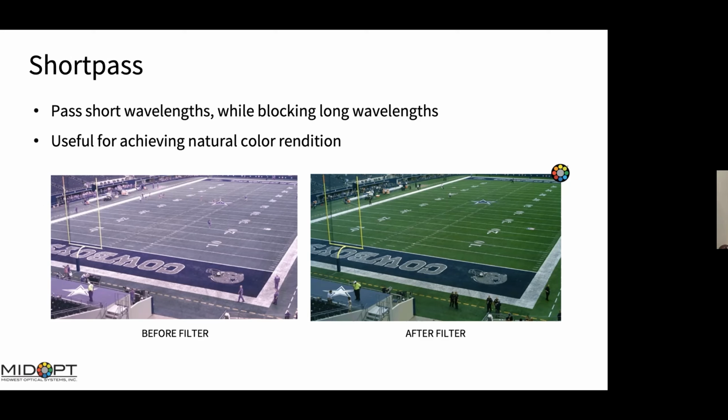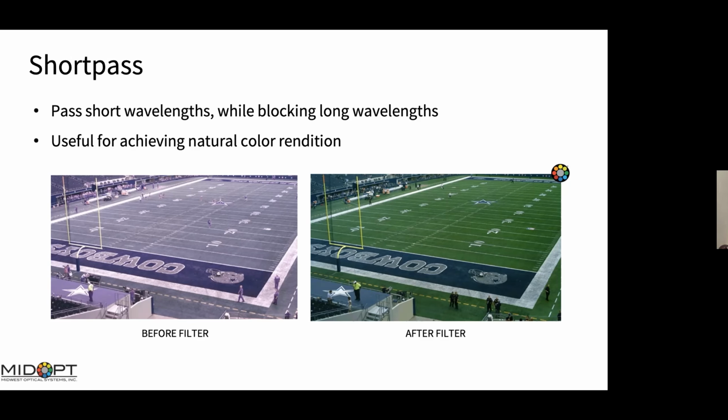What was happening was the camera was picking up on the infrared from the sunlight and from the stadium lights, causing this unnatural color rendition. While using a short pass filter, again, passing the visible wavelengths that our human eyes are used to and blocking infrared wavelengths, you can see in this right image how it helps to improve that natural color rendition.